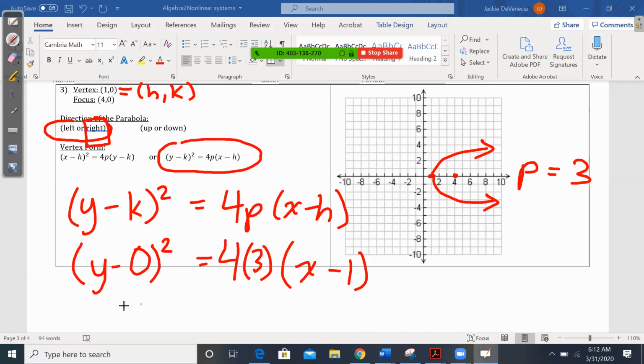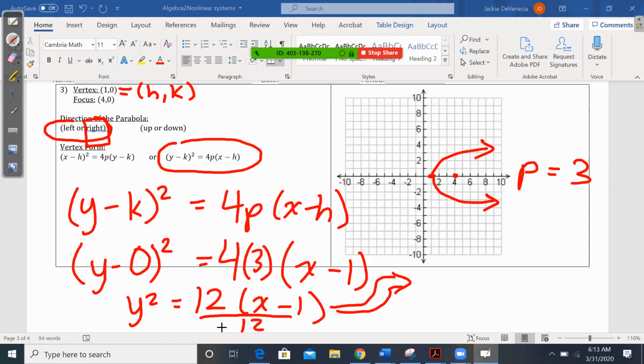And I can go ahead and simplify. So this one, it would just be y squared is equal to 12(x minus 1). And I still want to isolate this x variable, right? So let me just write it over here. I just want to divide 12 on both sides.